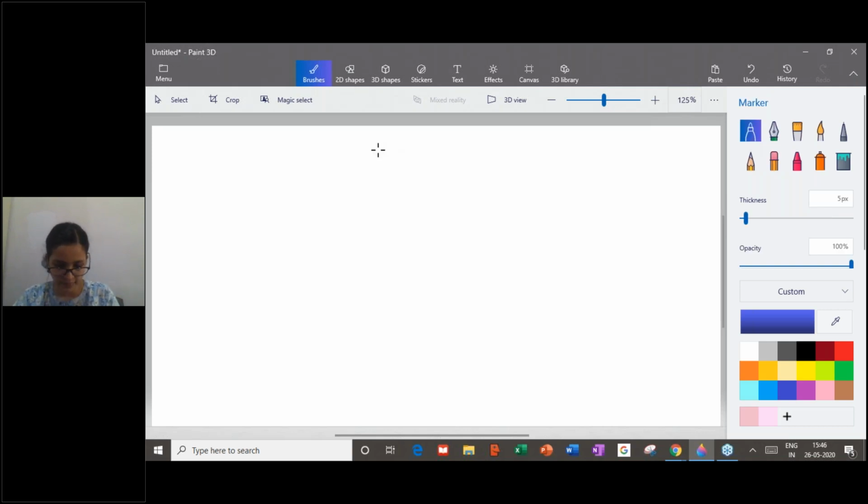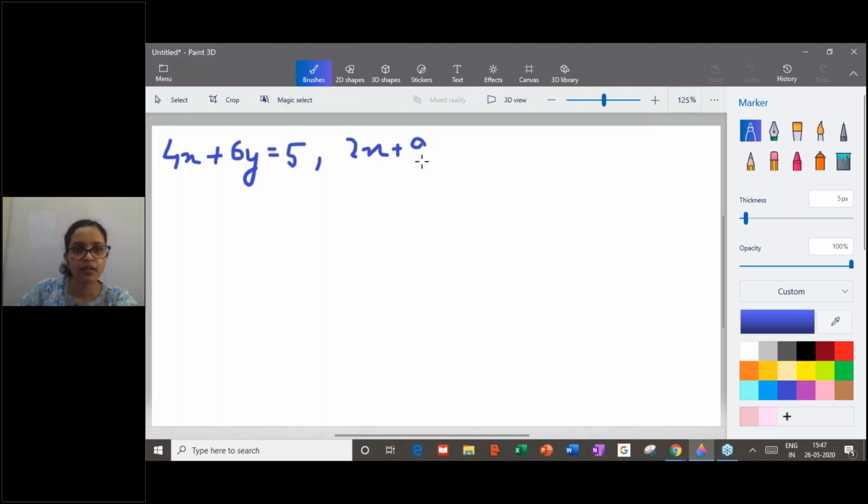Okay. So 4x plus 6y is equal to 5, and the second equation is 2x plus 9y is equal to 3. So step 1: you write the two equations in the standard form. Now what is the standard form, you'll ask, right?